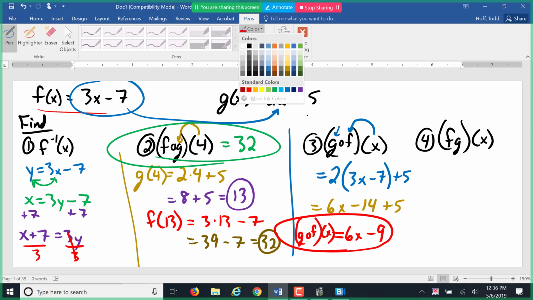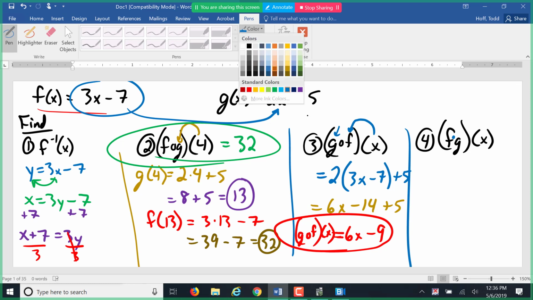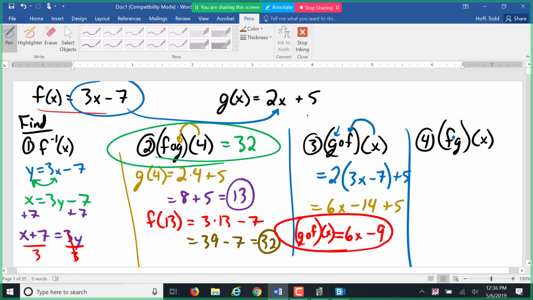Okay, finally, fg of x. Remember, that's technically f times g of x. All that's asking us to do is to take those two functions and multiply them together. 3x minus 7 times 2x plus 5, which is going to give us 6x squared.